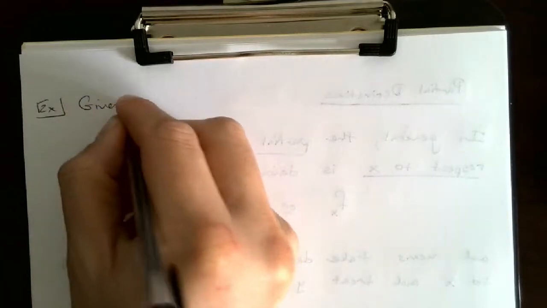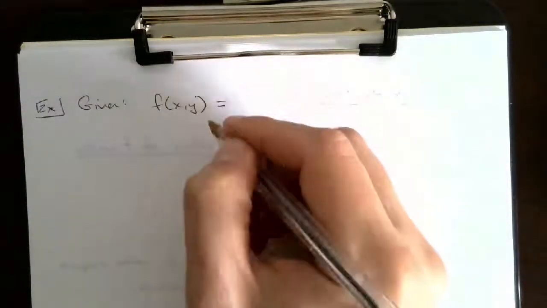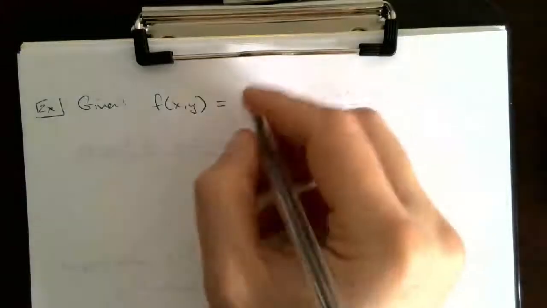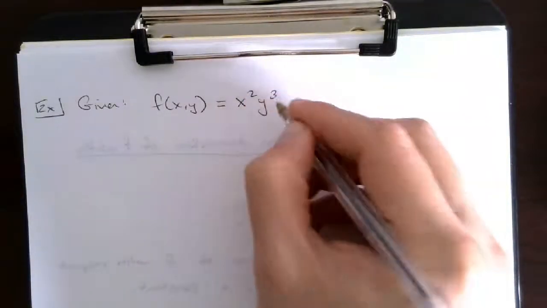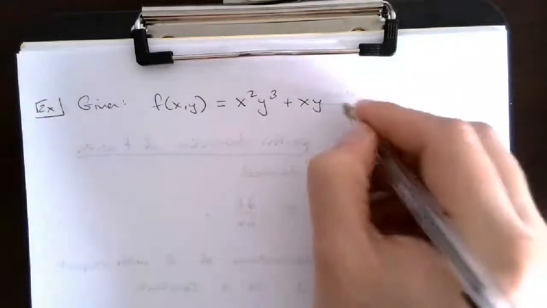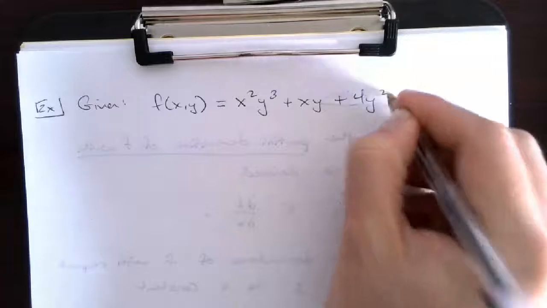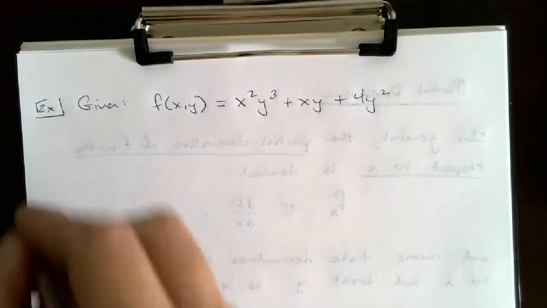For this example, say we're given f of x comma y equals x squared y to the third plus xy plus 4y squared.